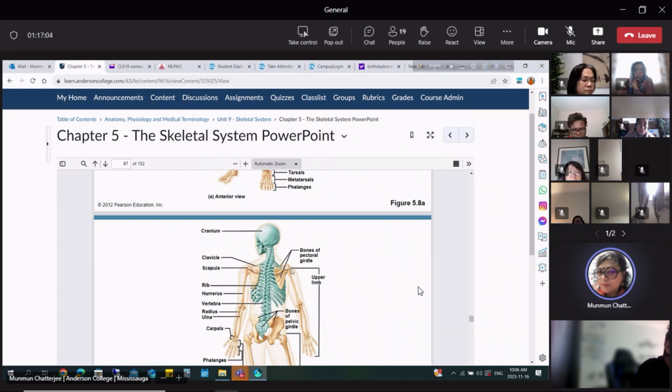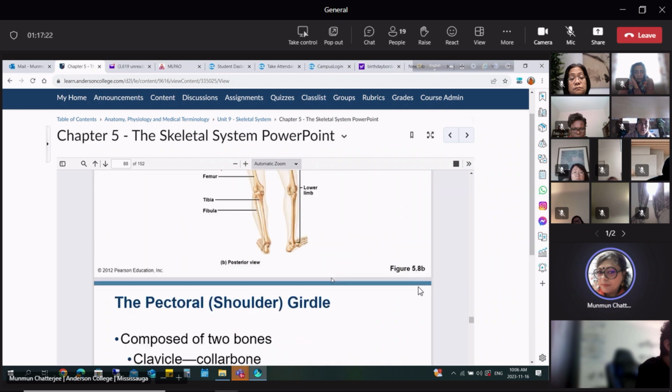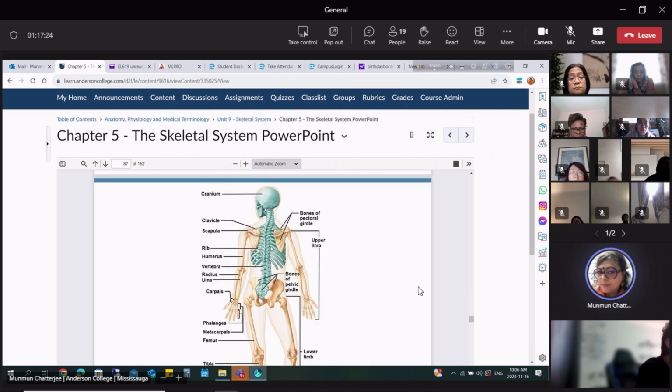The scapula is the shoulder blade. It articulates with the clavicle and with the arm bone. This bone, the scapula, is only at the back, but the clavicle goes from the back to the front. In the back it is articulated with the scapula, and in the front with the sternum. That is called the collarbone.